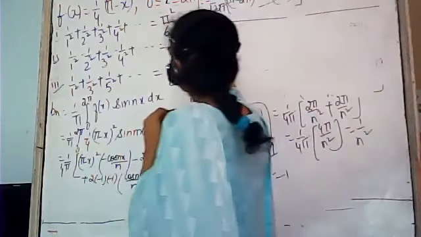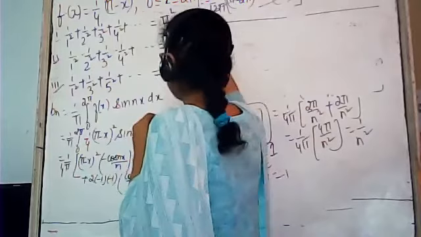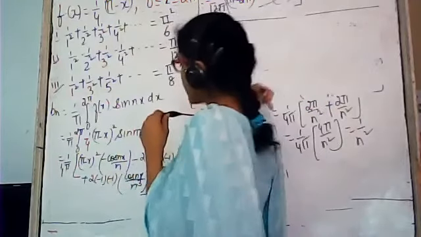So this is equal to 1 upon 4 pi. Better to substitute the limits.